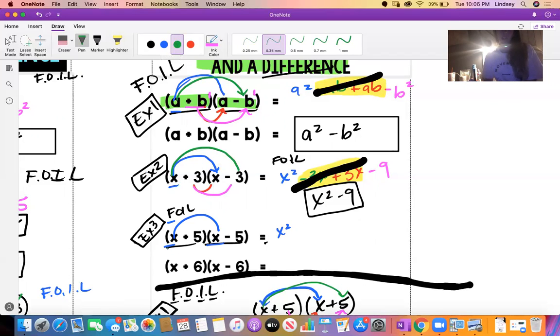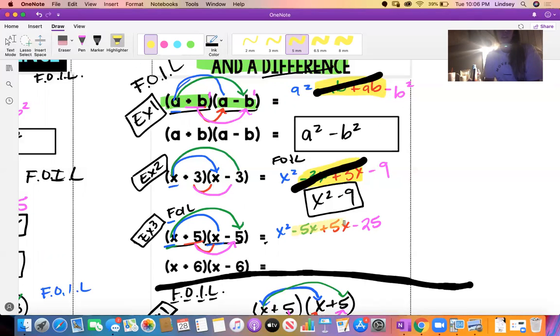And I have outer, I have x times -5. So that's -5x. And I have inner, I have +5 times x. That's going to be +5x. And then finally I have last, which is +5 times -5, which is -25.